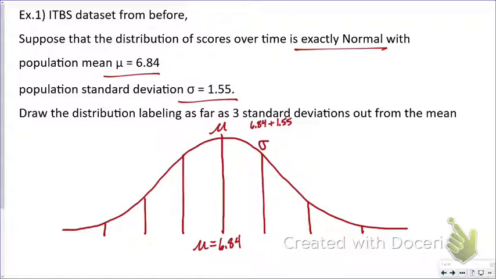All right. I get 8.39, and then I want to go 2 standard deviations, and then I want to go 3. So on my calculator, I just keep adding 1.55, and I get these numbers.